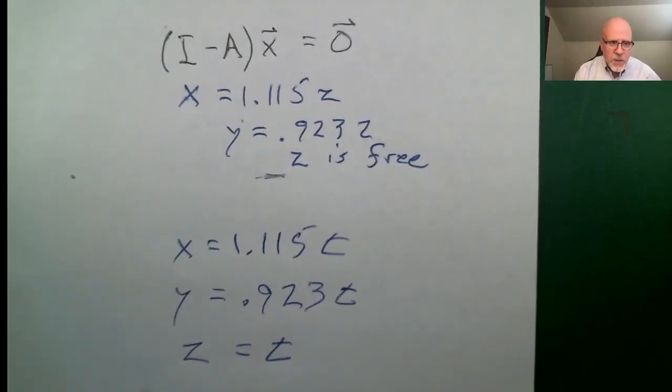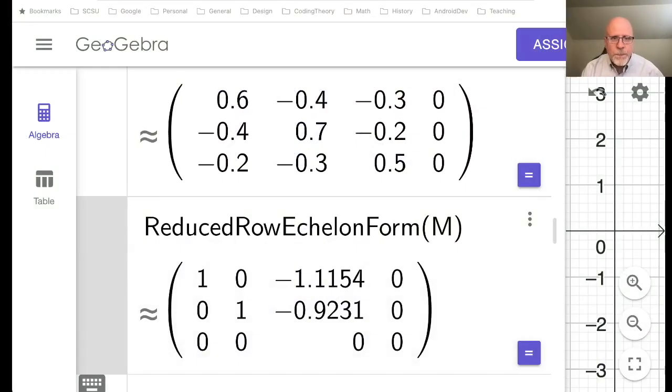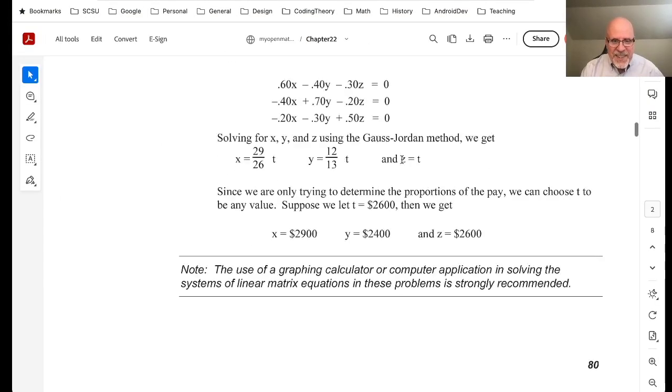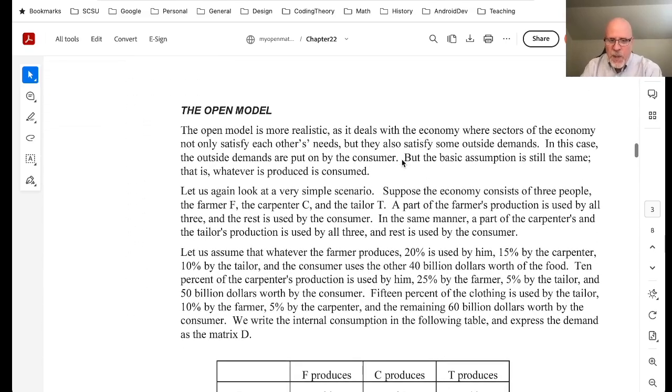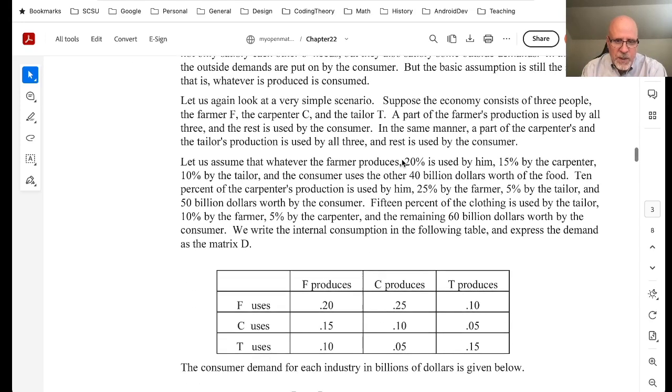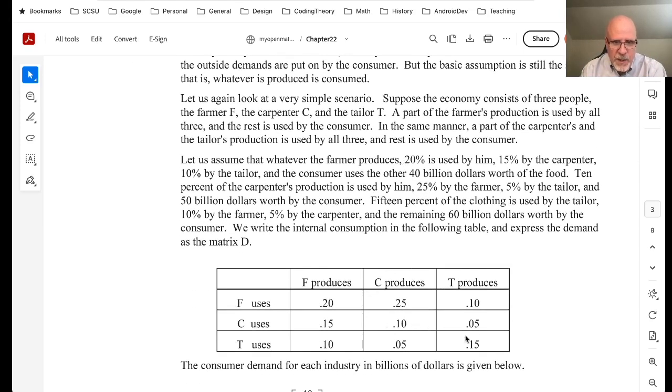Let's pop back over to the book and have a look at an open model. Oops, that's GeoGebra, not the book. All right, the open model. What this does is create the same thing as before. We have a bunch of production and a bunch of consumption.